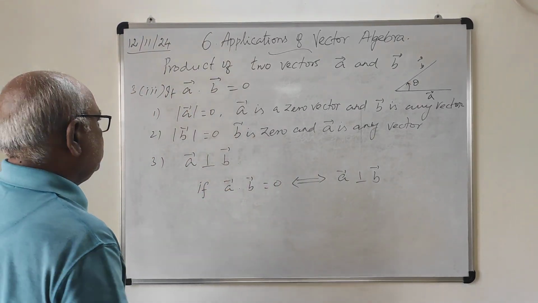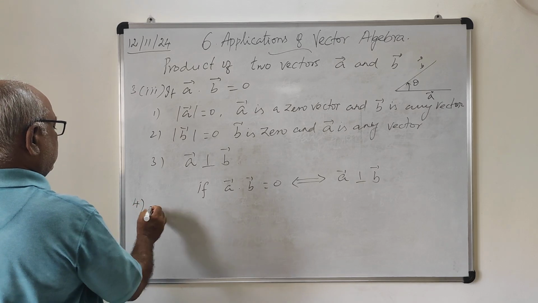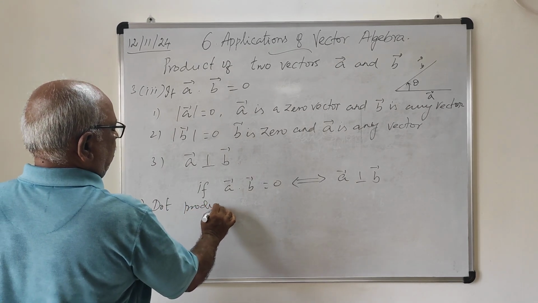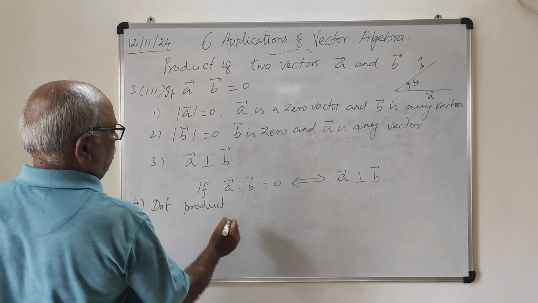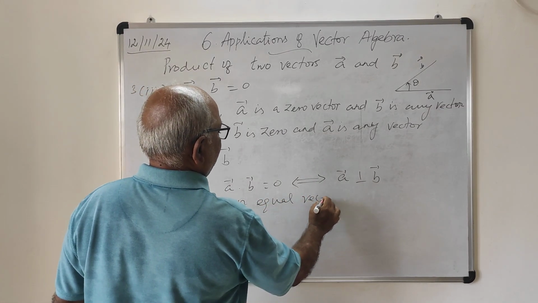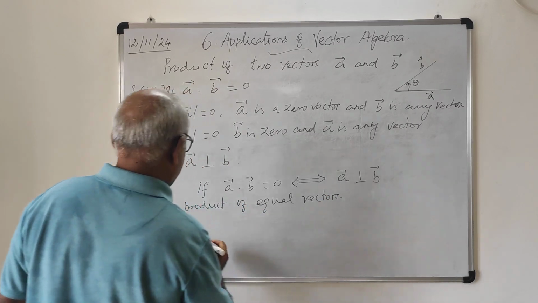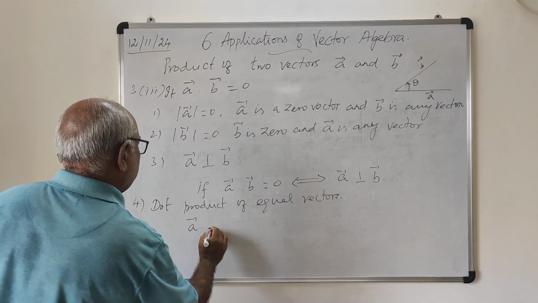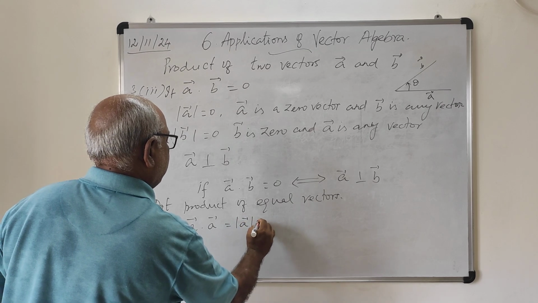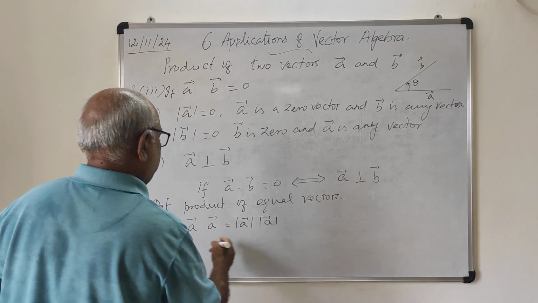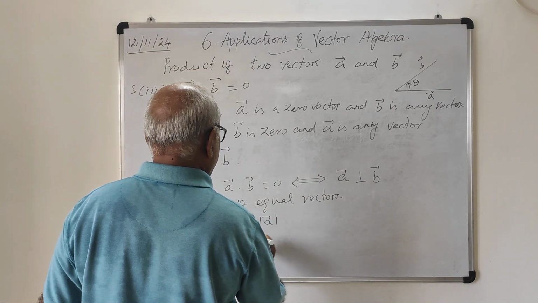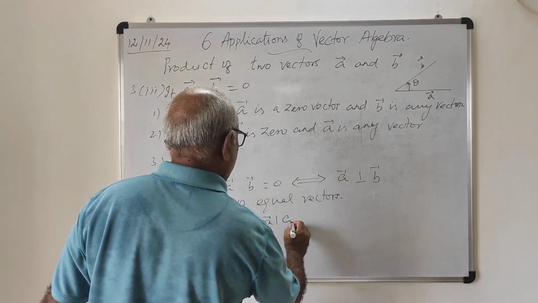Next property, the fourth one: dot product of equal vectors, that is A dot A. This is equal to mod A and again mod A, because B is equal to A. The angle between the single vector A and itself is 0.